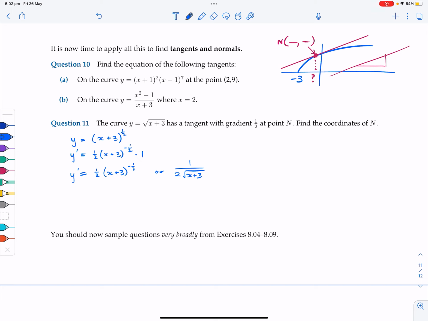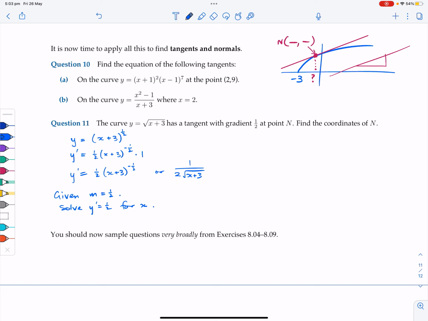Now, given the gradient equals half, we will solve y dash equals a half for x. So y dash is in terms of x. If we know that y dash is a half, the question is, what's x.